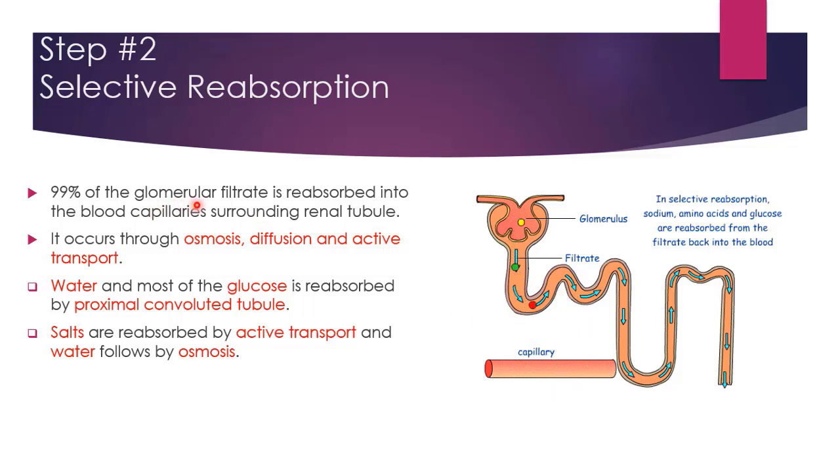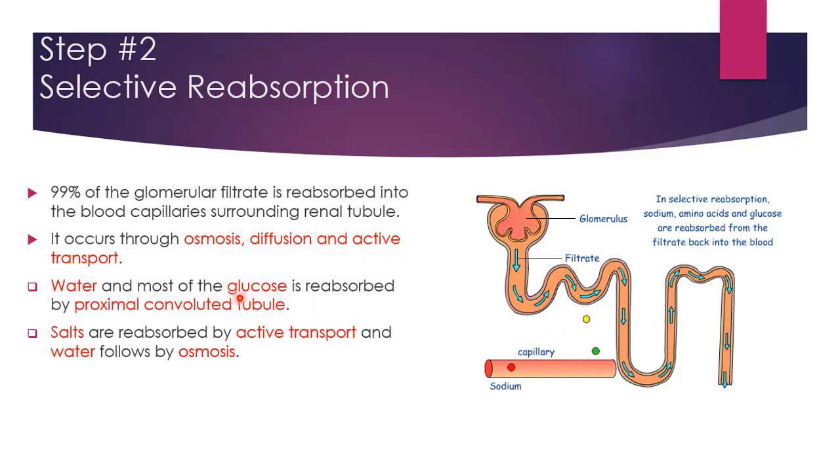So 99% of the glomerular filtrate is reabsorbed into the blood capillaries surrounding the renal tubule, and it occurs through osmosis, diffusion, and active transport. Osmosis is the movement of water molecules across a semi-permeable membrane, while diffusion is the movement of molecules from higher to lower concentration, and active transport is the movement of molecules from lower to higher concentration using ATP or energy.